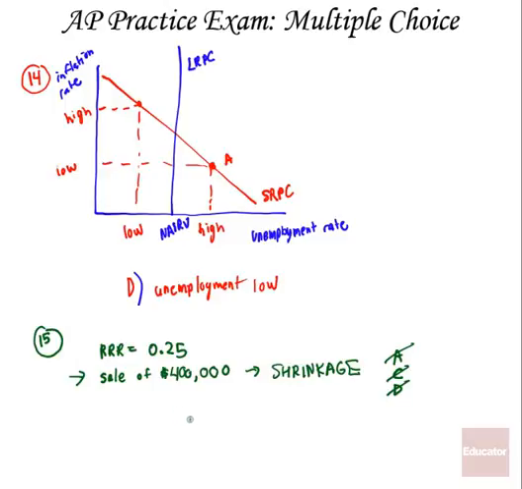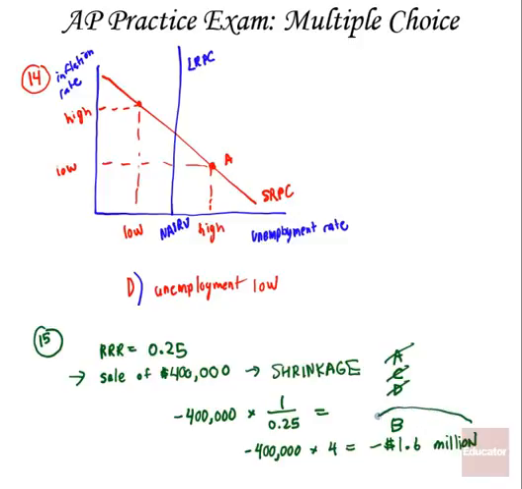You take the initial amount, so negative $400,000 is going to be contracted, and you multiply that by 1 over 0.25, which equals negative 400,000 times 4. So there's a contraction of $1.6 million from the economy. So the answer is going to be B, a decrease in the money supply of $1.6 million.